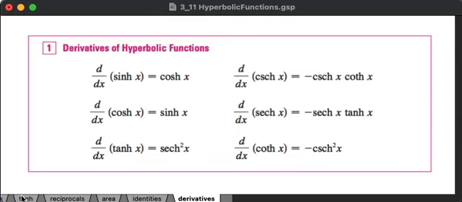In particular, if you happen to be an engineer, you might really care about the hyperbolic cosine because it actually shows up as being the curve that is created by a free hanging chain. And so that is quite relevant.